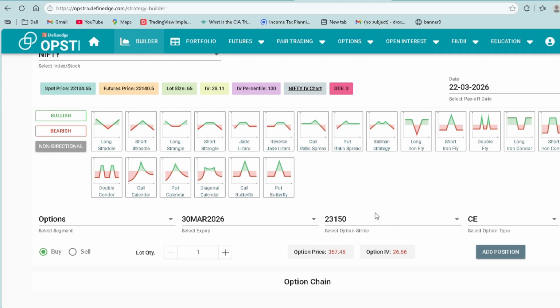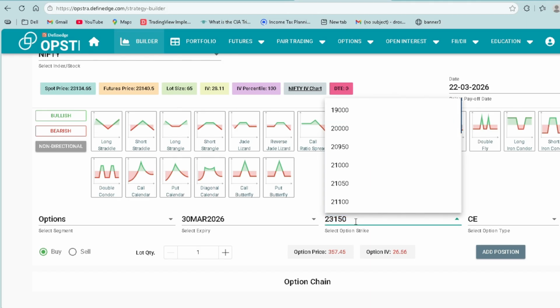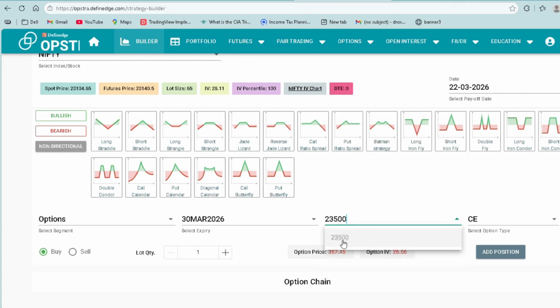So we will use 400 gaps. So here we will choose a call option higher than current market price, so 23,500.